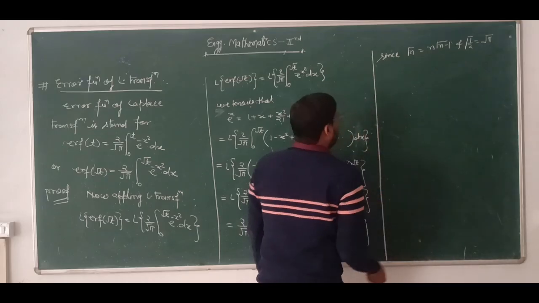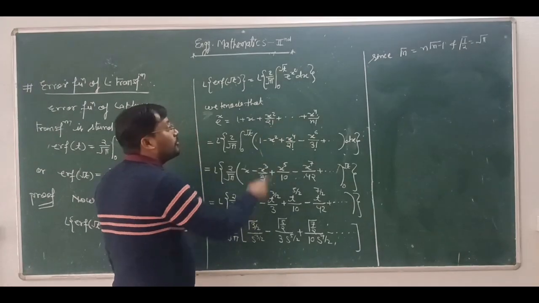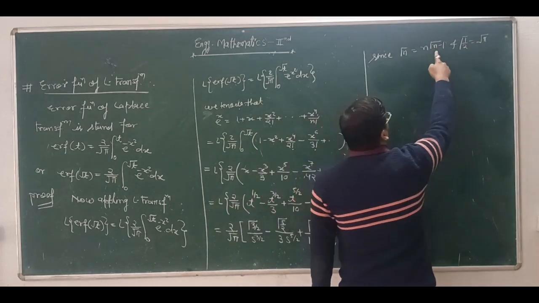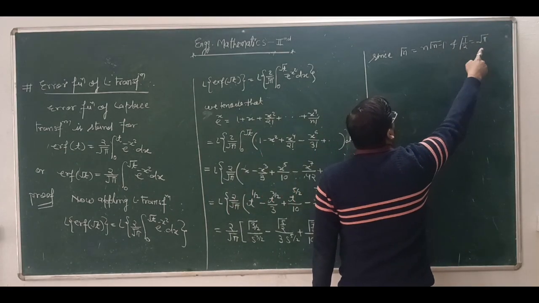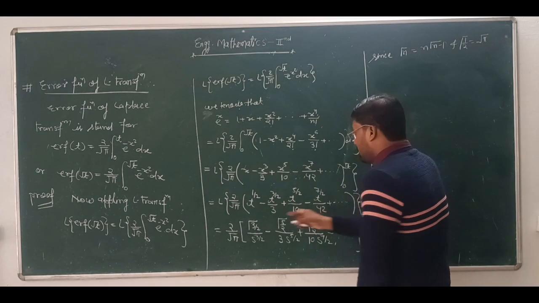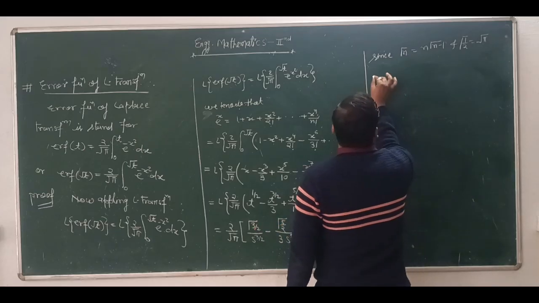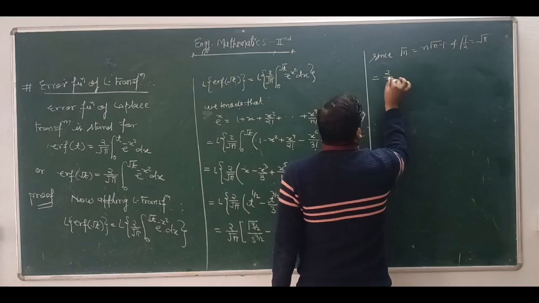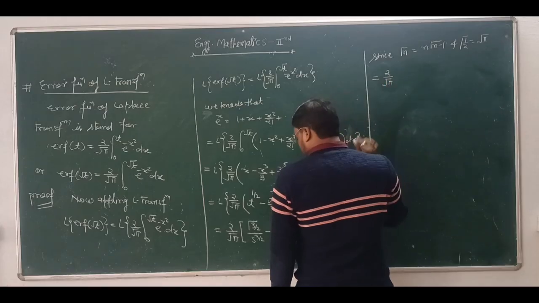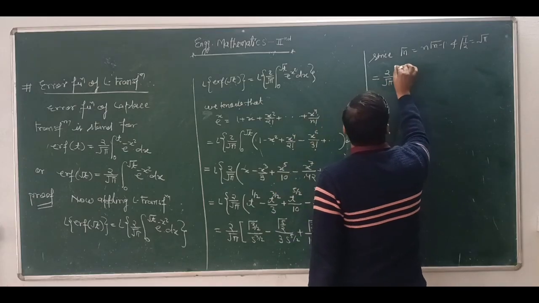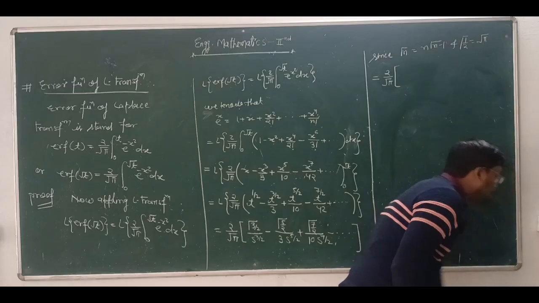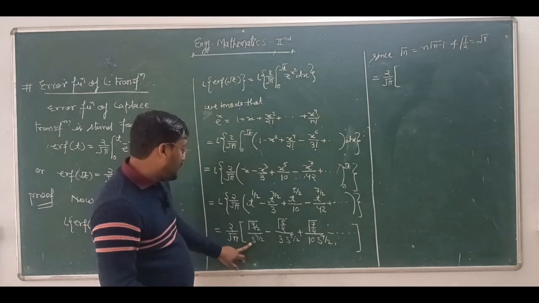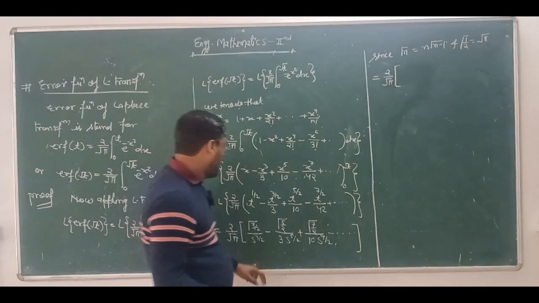You know that also. Again in this step you note down 2 upon root pi, bracket. Now you can also take s to the power 3 by 2 common.